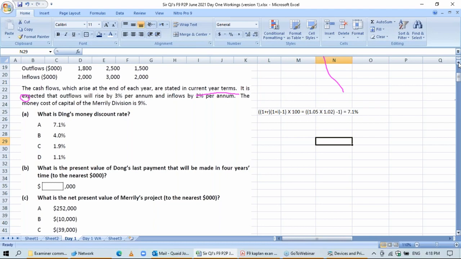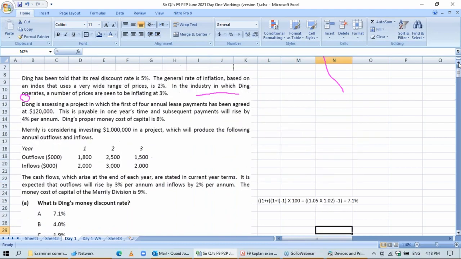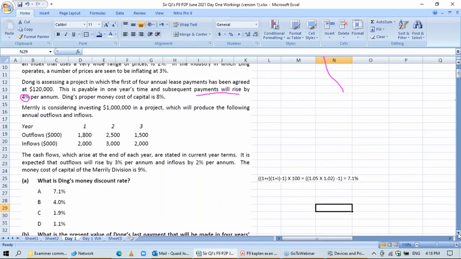So moving on to the question, I have marked with pink that Dong is going to pay 120,000 per annum, and the first payment is of 120,000, which will occur in 1 year's time.